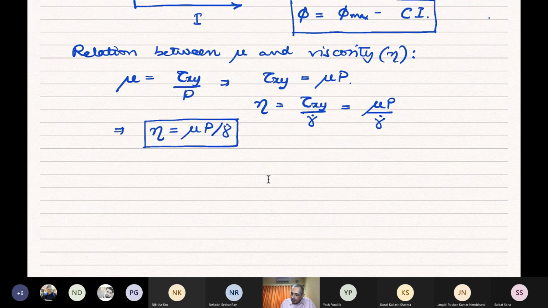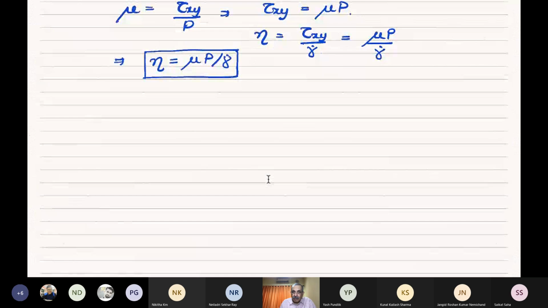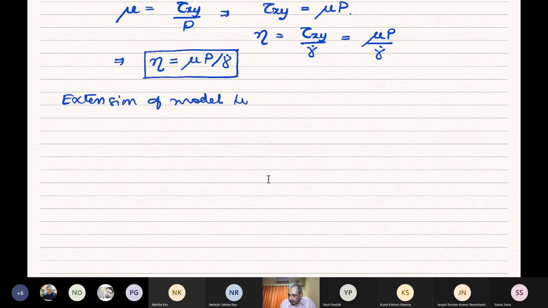And now we can extend this model to full 3D flows. So we know the viscosity.